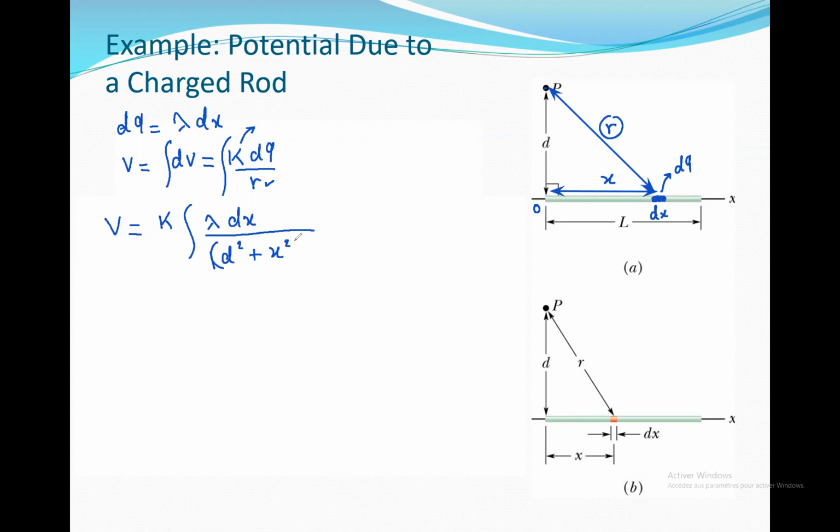to the power half. Here we have only one variable because d is constant, lambda is constant, and we have only x as variable.